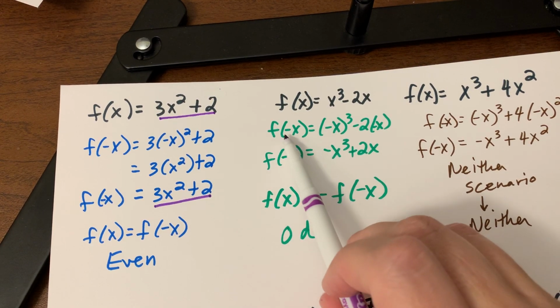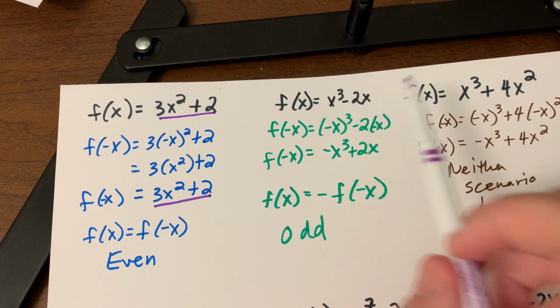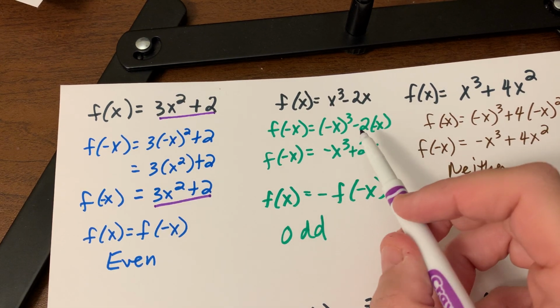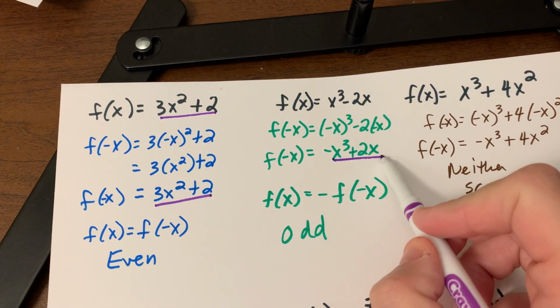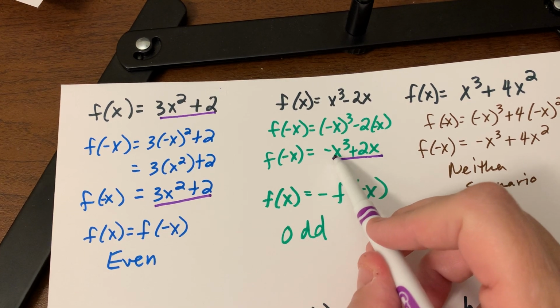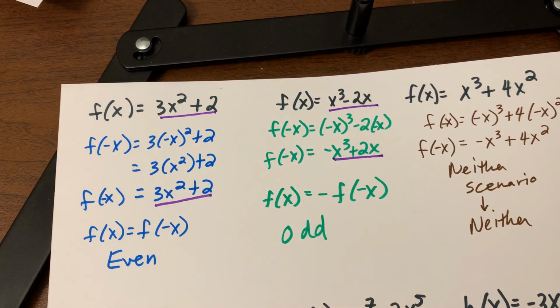Up here, I do the same process where I substitute a -x in for my x values. This time, notice that with f of -x, the function values are opposite from what we started with. So when that happens, we have an odd function. Over in my last one here, I substitute a -x again.